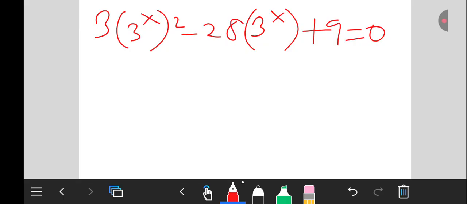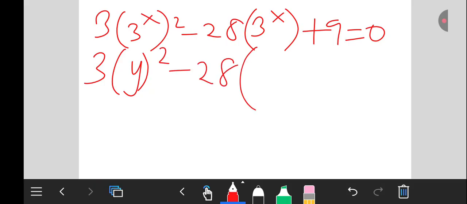So we had to let 3 to the power x be equal to y. Wherever we see 3 to the power x, we substitute y, plus 9 is equal to 0.